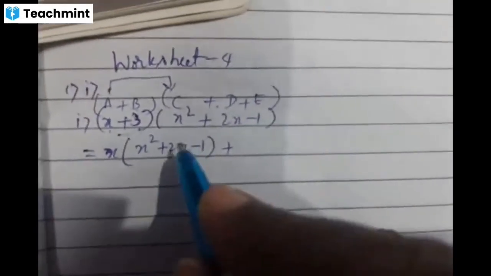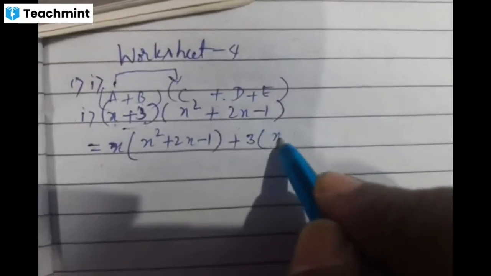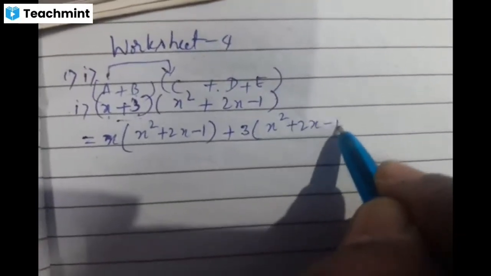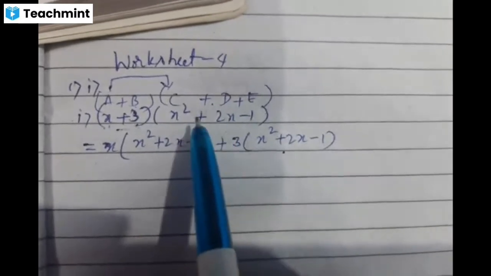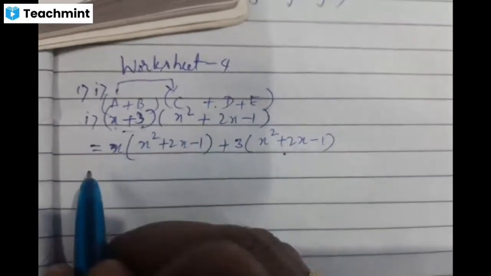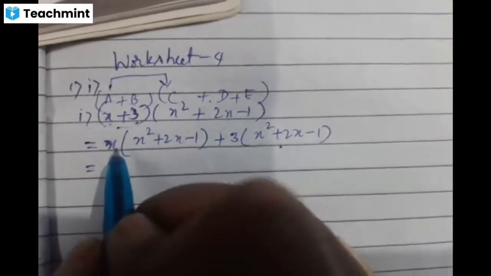B is 3, children. So 3 into the second bracket, x square plus 2x minus 1. So first term into the second bracket, second term into the second bracket. Same as we have done before. Only the difference is that one of the expressions is a trinomial. Now we know how to multiply this.